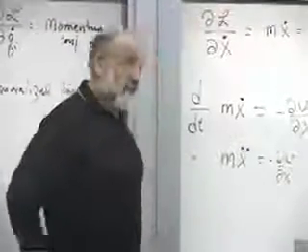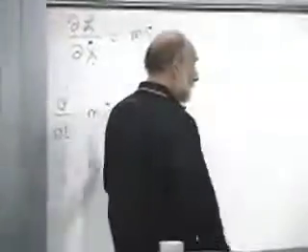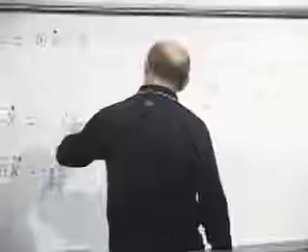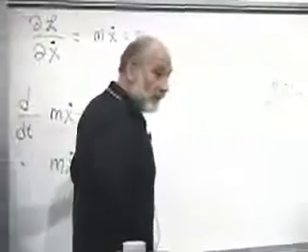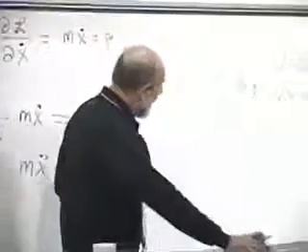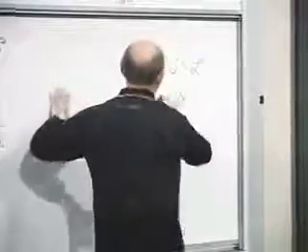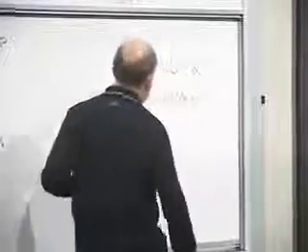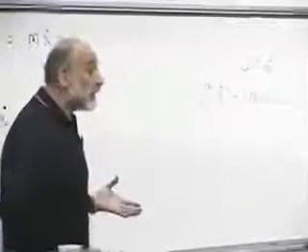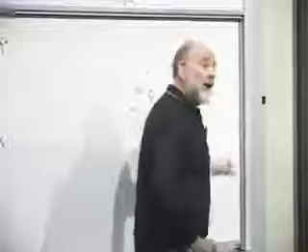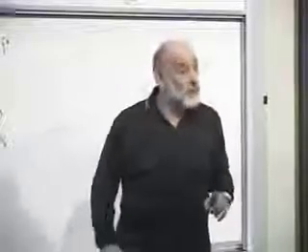Notice that had I used plus for the Lagrangian here, I would have gotten the wrong sign in the force law. So the energy, which we haven't talked about yet tonight very much, we'll talk about other times, the energy, which is T plus U, is not the Lagrangian. The Lagrangian is T minus U, and the Lagrangian is not conserved.